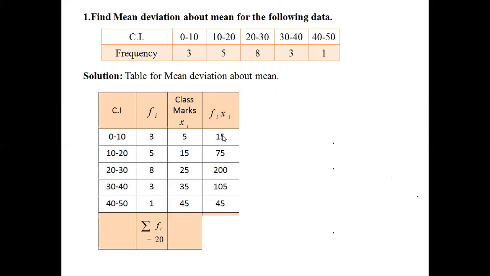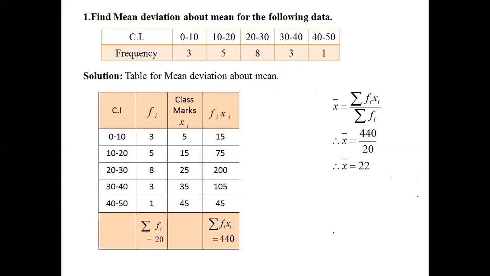At the last, take out the sum of all these values, which is equal to 440. Now we have to find the mean. The mean x bar is equal to summation of fi into xi upon summation of fi. Substituting the values, 440 upon 20, so the mean x bar is equal to 22.